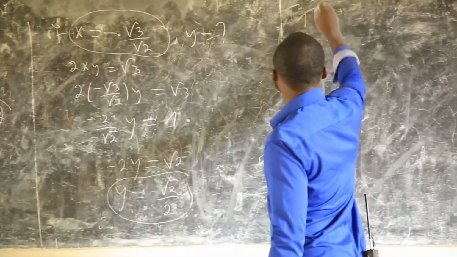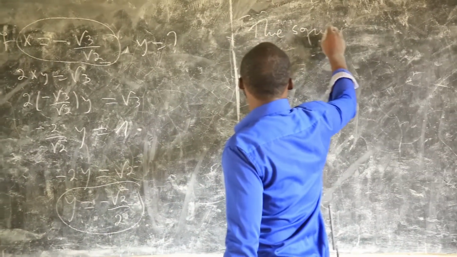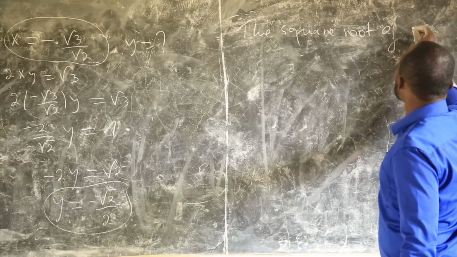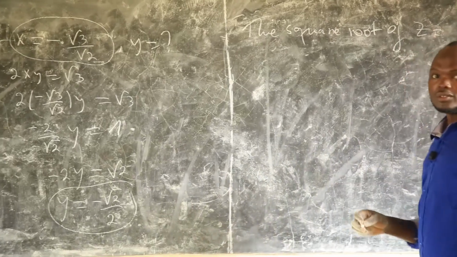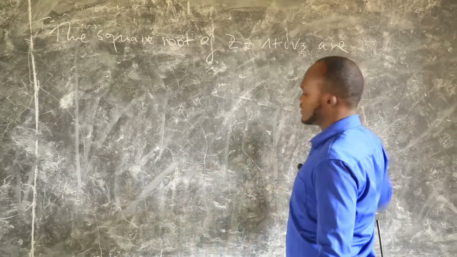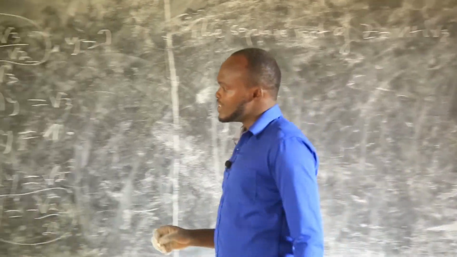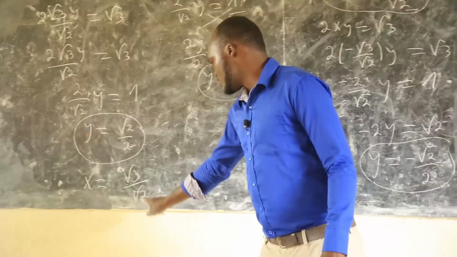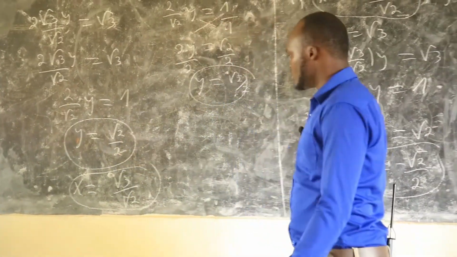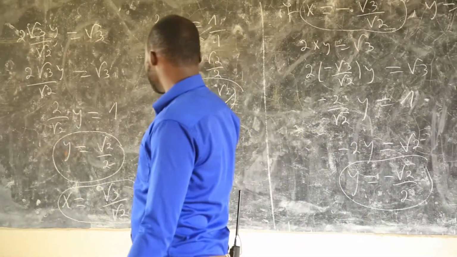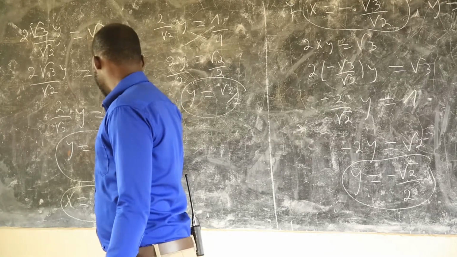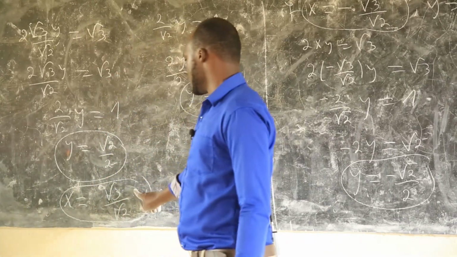Therefore, the square root of z equal to 1 plus i root 3, we have two. The first one is when x is root 3 over root 2, y is root 2 over 2.